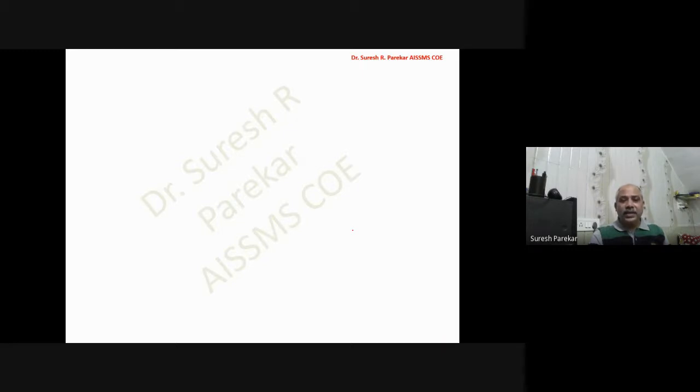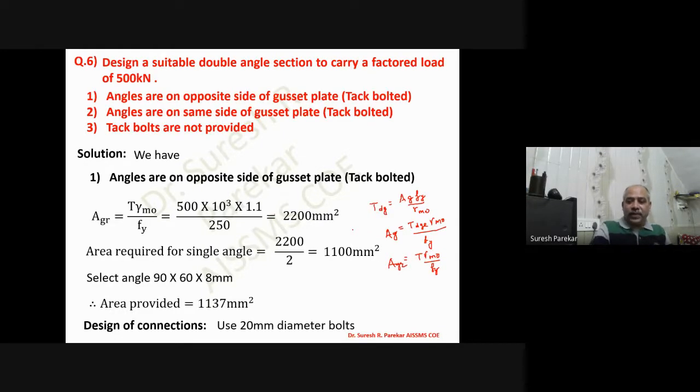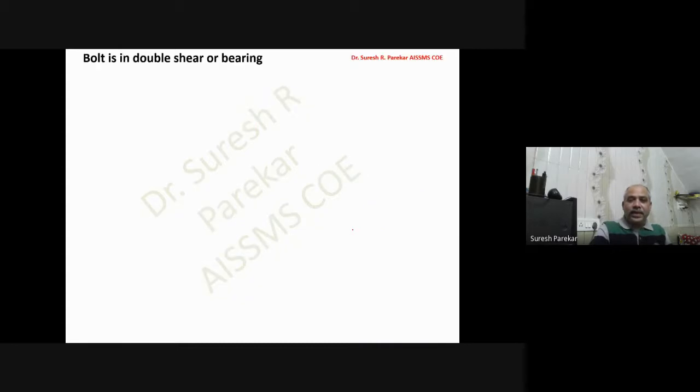Now you can see these are on opposite sides of the gusset plate. What will happen in that case? As it is on opposite sides of the gusset plate, we are going to get double shear, because my bolt will fail at two planes. It is going to fail here, it is going to fail here, and therefore we have double shear.